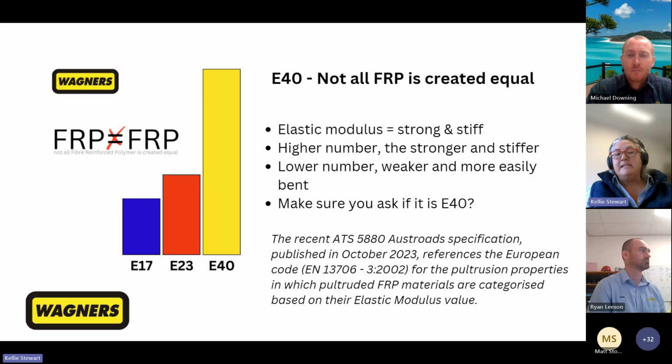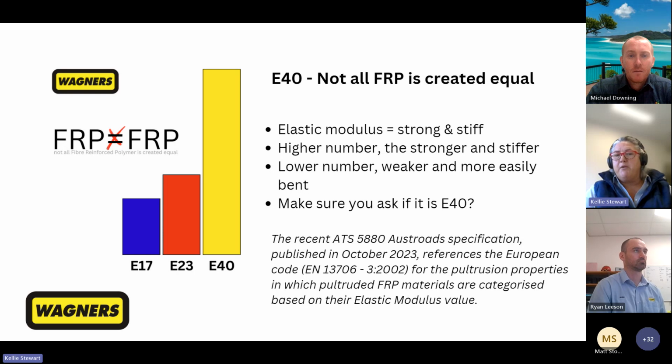Wagners CFT is an Australian manufacturer of pultruded FRP structural profiles, which consistently achieve an E grading of E40. So the E in E40 stands for elastic modulus, which tells us how strong and stiff the FRP is. The higher the number, the stronger and stiffer. The lower the number, the weaker and more easily bent.